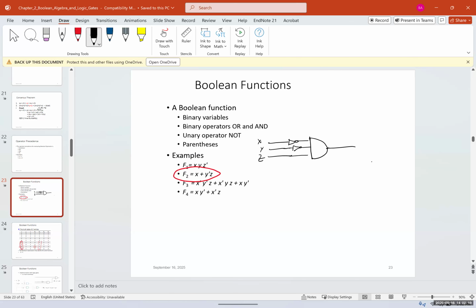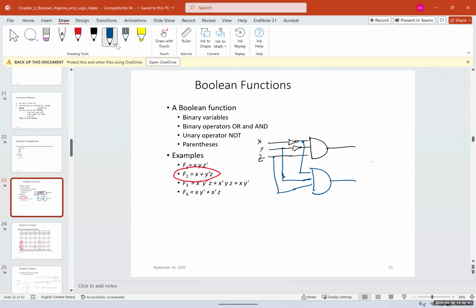The second one, I have an X prime. I'm going to just connect it with blue so you can see what I'm doing. X prime, Y, and Z. These are also connected with an AND gate because we have X prime, Y, Z.